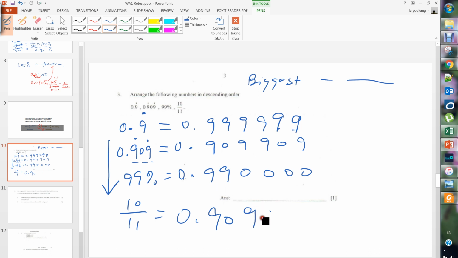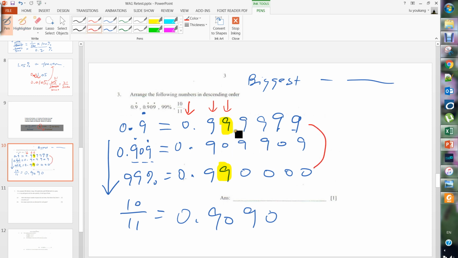So 90. Okay, that's it. So this is good to go. Okay, so you compare the first figure first. Over here all 0. Here you compare the 9, all 9s. Next one you compare this. You can clearly see you have a 9 here and then you have a 9 here, right? So you need to compare these two.